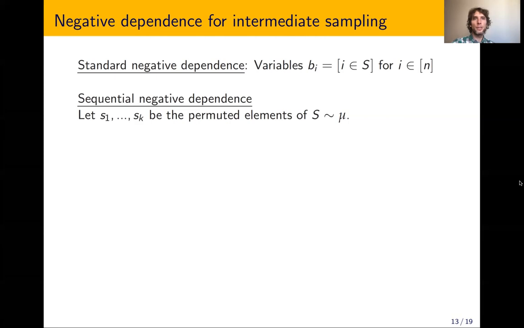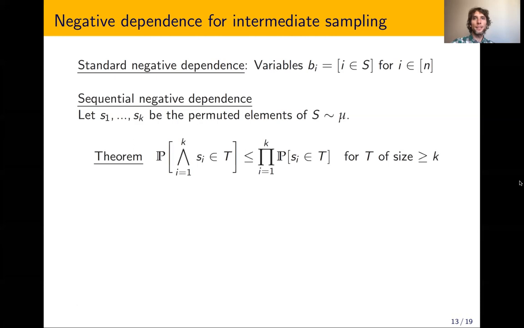Our next result can be viewed as a negative dependence property with respect to this sequential representation of S, with the events defined by a set T of size at least k.